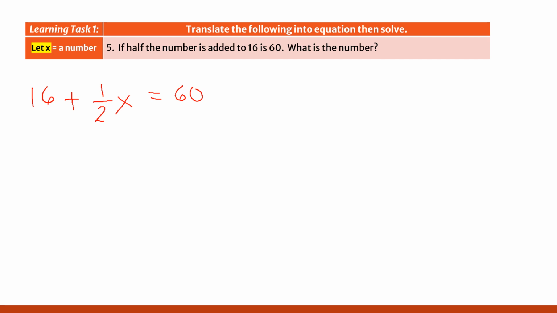Okay? Now, if you look at your equation, meron kang constant term sa kaliwa na 16. So, dahil 16, ibig sabihin yan, positive 16. So, ano ang opposite ng positive 16? Of course, negative 16. So, ang mangyayari, meron tayong 16, okay?